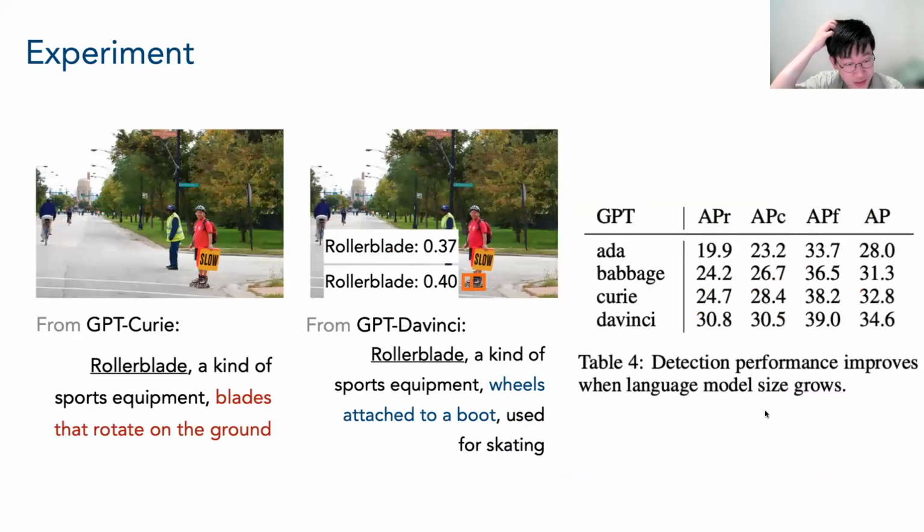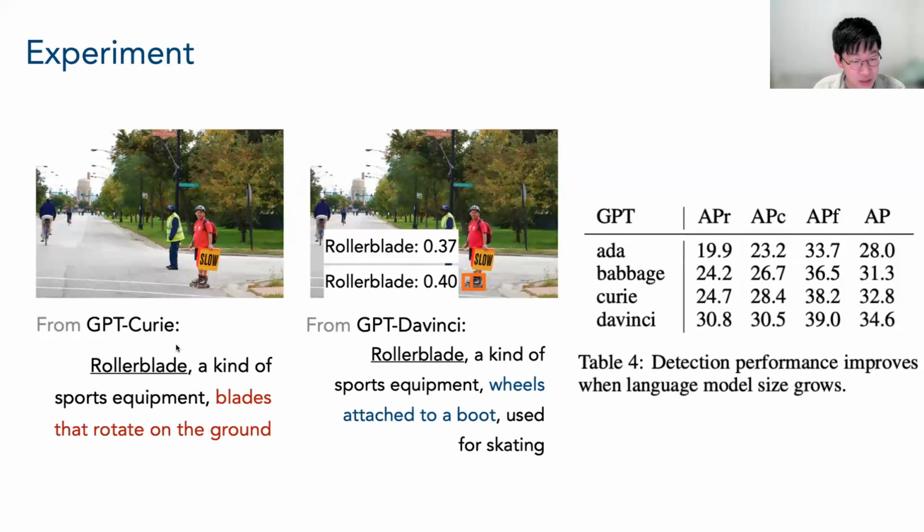Another interesting experiment we do: the detection performance improves when your language model size grows. This says that if you give more accurate descriptions, your model will get better performance. One example is this rollerblade. In this image it is actually a very tiny thing attached to this person's feet, so it's very hard to detect.